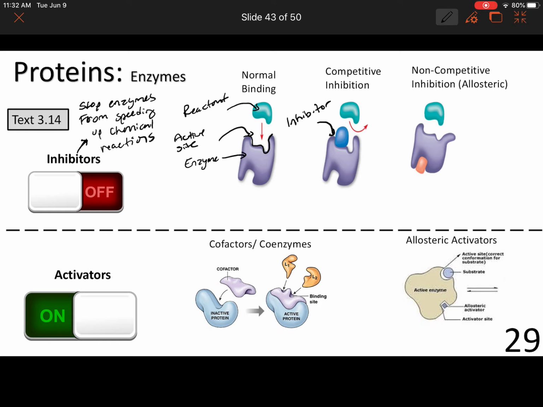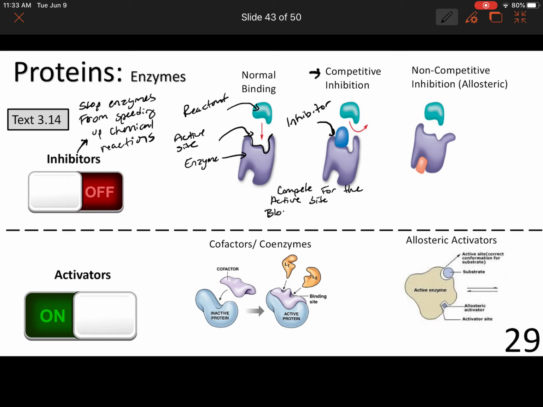The first type of inhibitor we're going to look at is called a competitive inhibitor, and the inhibitor in this image is the blue shape. The word competitive means that they compete for the active site.